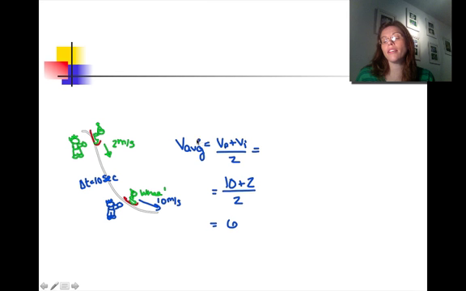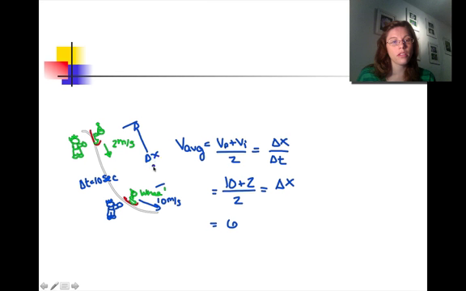But average velocity is also, if you remember, the definition for velocity is our total displacement divided by our total time. So this is going to equal our total displacement, how far the girl went, in the picture, change in x, over her total time, which we know to be 10 seconds.